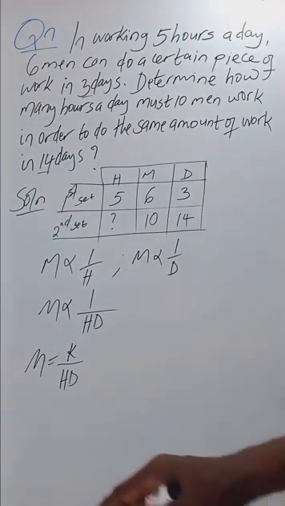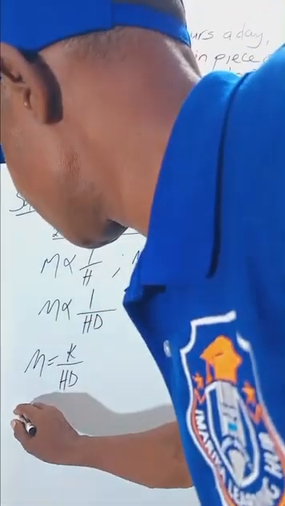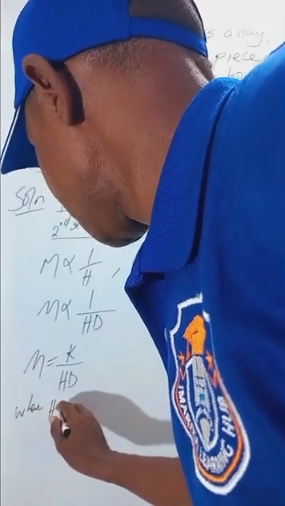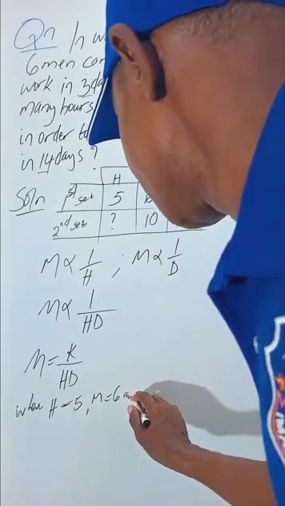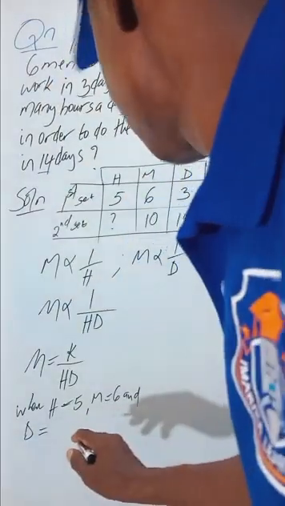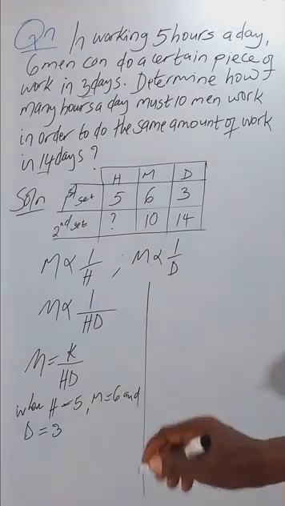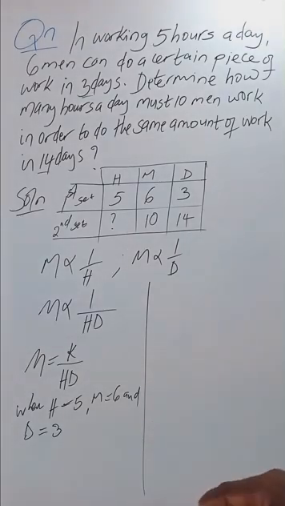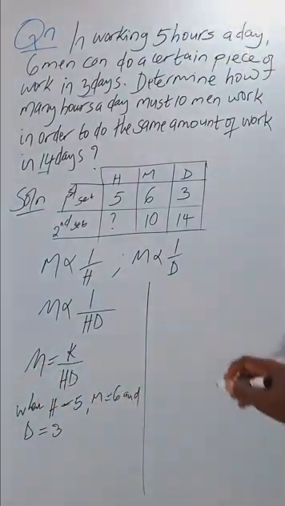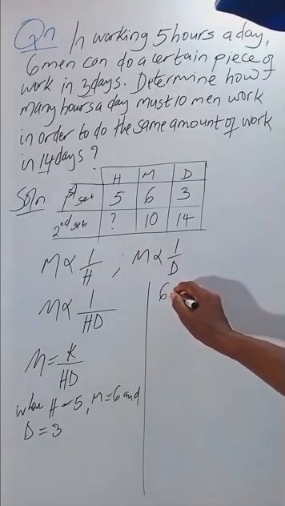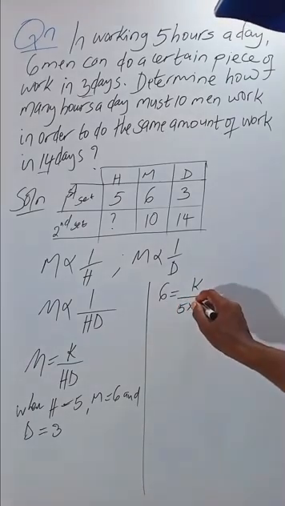So for the first set, what do we have? Now, let's use the first set, that when H equals 5, M equals 6, and D equals 3, the expression becomes 6 equals K over 5 times 3.